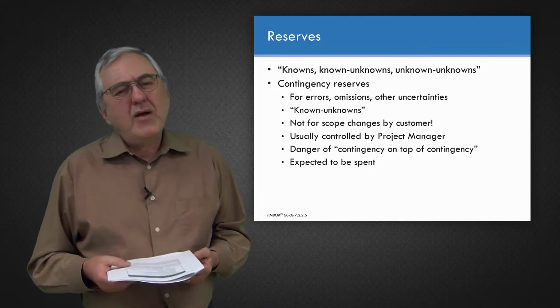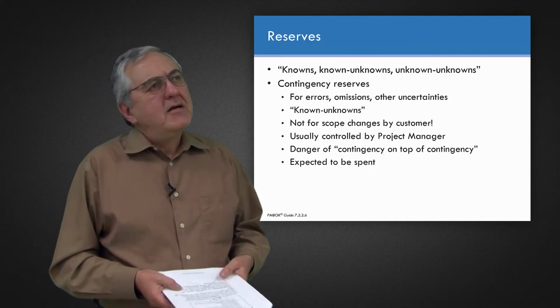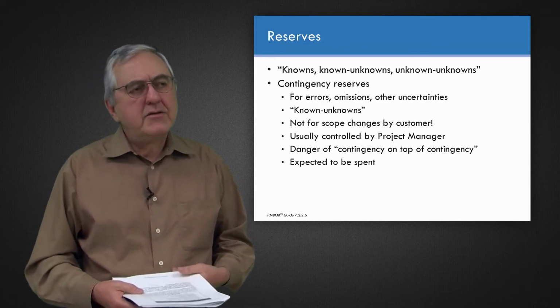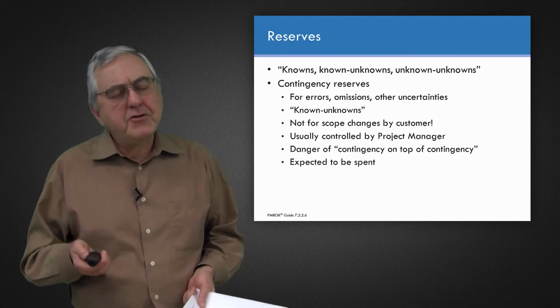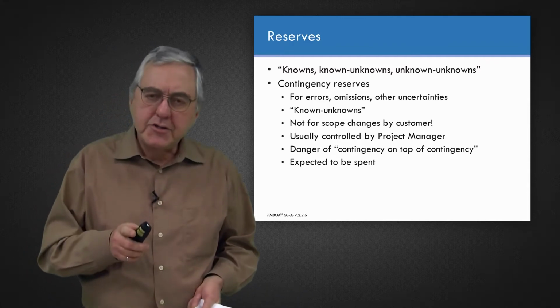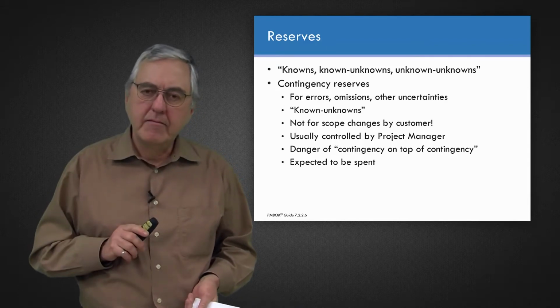And when we are estimating contingency reserves, the Association for the Advancement of Cost Engineering puts it well. It says the contingency reserve on a project estimate means how much do you have to increase the estimate to make it realistic.